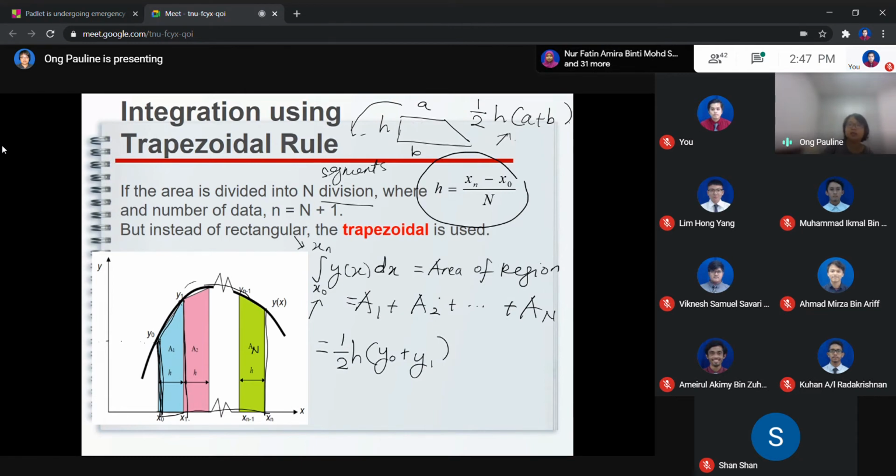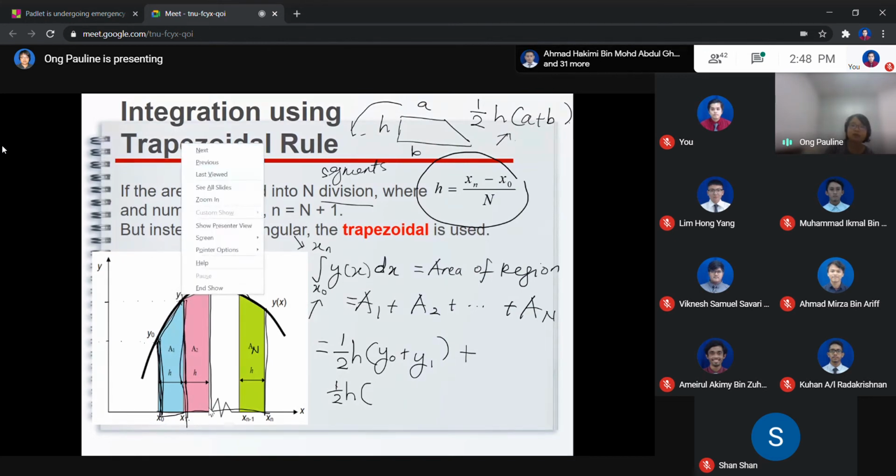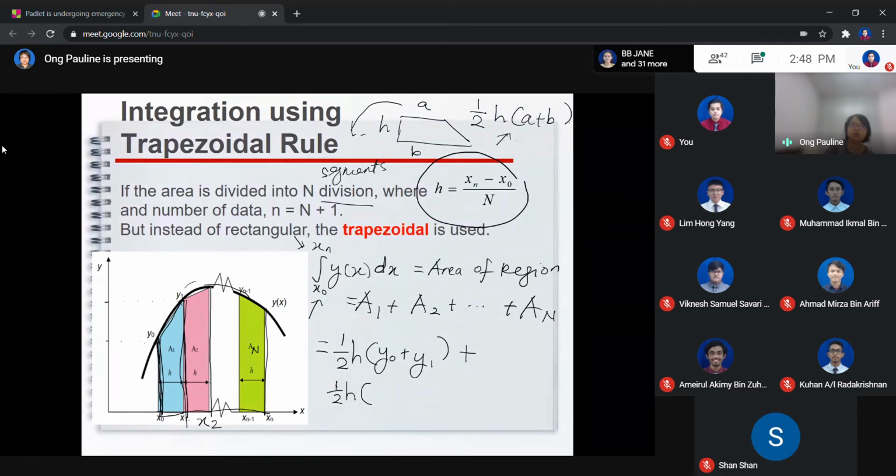Let us look at the second trapezium. Again, I have plus 1 over 2, the height h, and the sum of A and B. The length of A is y1, and the length of B, since this is x2, is y2.